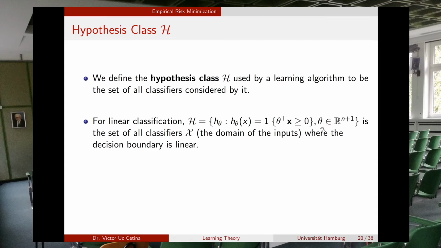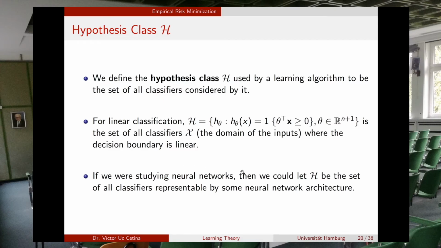And in this case, we are considering theta to be a vector of dimension m plus 1. This is the set of all classifiers of x where the decision boundary is linear. So this would be a mathematical way to define the set of all hypotheses that are linear.